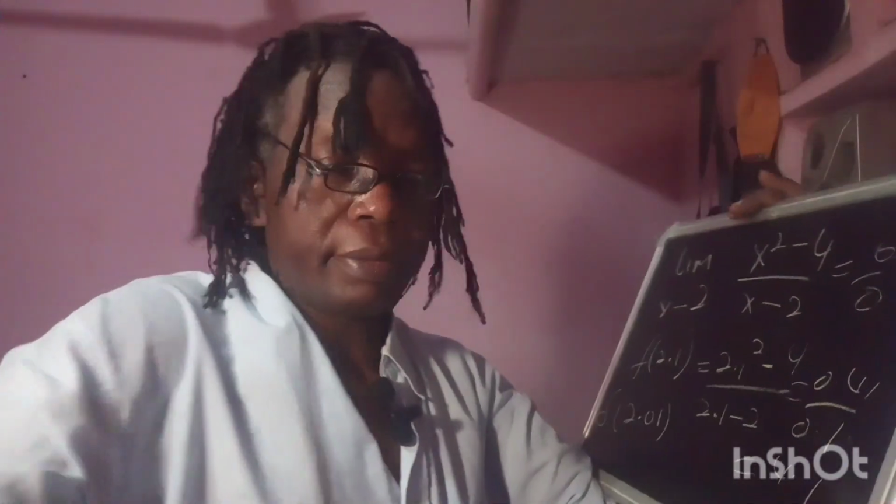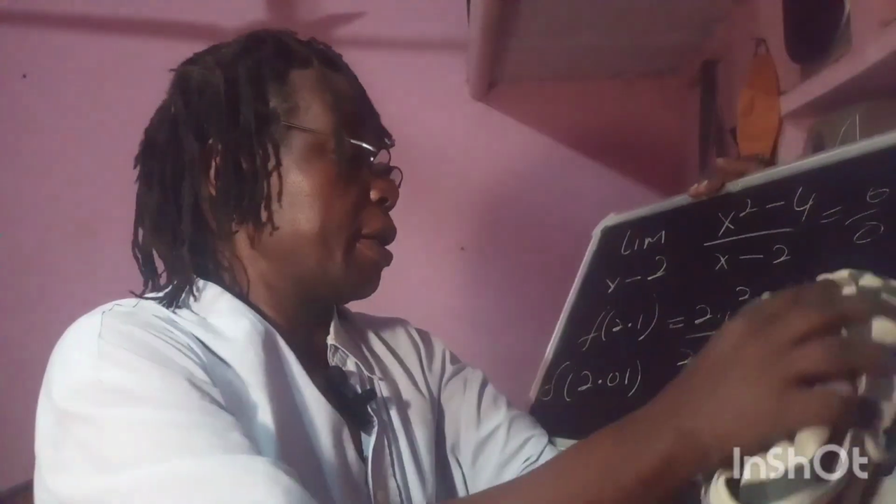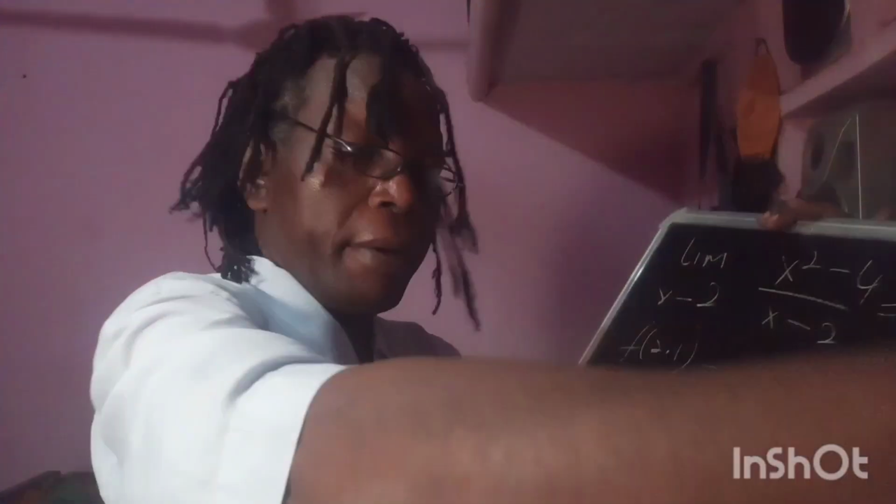I don't have to calculate this if you can follow that, but let's do it. Then it means I have to clean all this again. Oh man. Okay, let's do it. According to that function, we have 2.01 squared minus 4 over 2.01 minus 2. I don't know whether I've done this anywhere here.